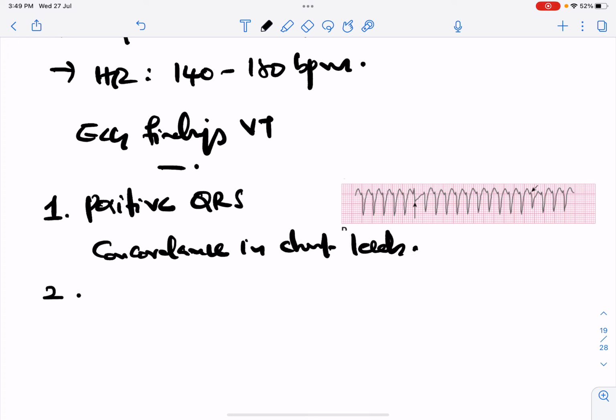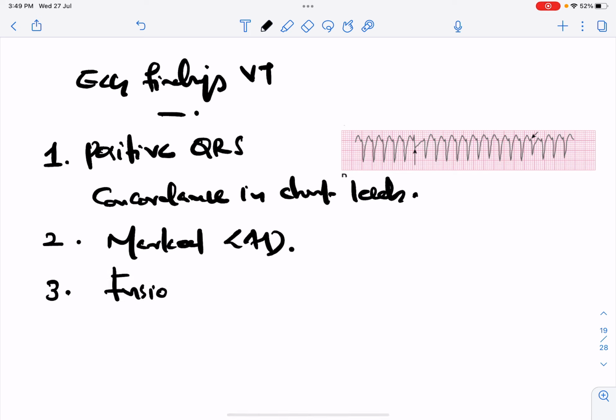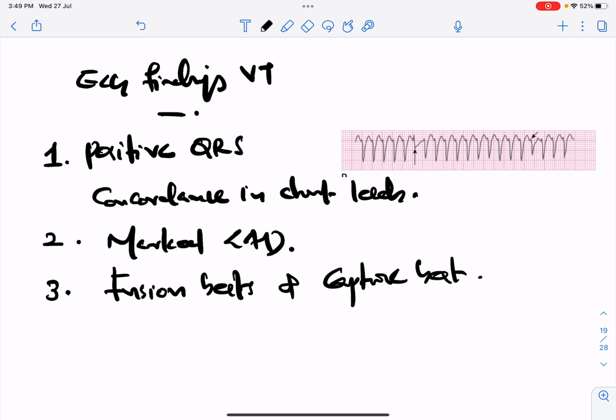The second one is marked left axis deviation. The third one is you can get fusion beats and capture beats. Fusion beats are nothing but a normal beat fused with VT.